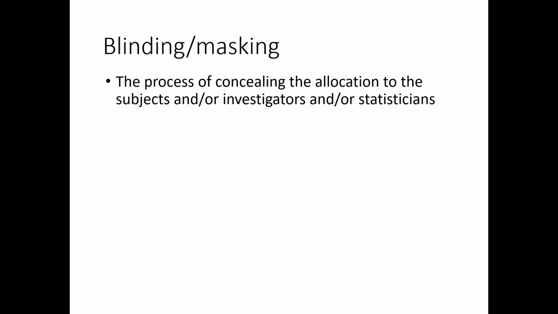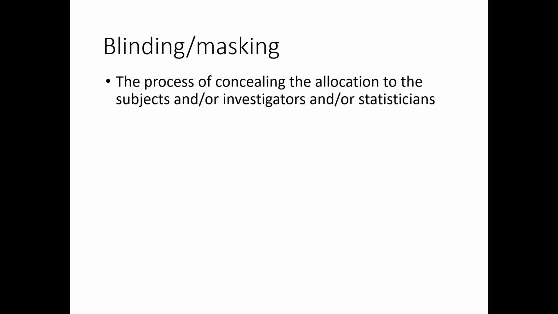For drugs, it's generally possible, but you can see how expensive it is, because if you're making a placebo, you have to make a drug that looks the same, in the same packaging, but doesn't have the active ingredient. For other types of intervention you can't be blinded, and that's okay, but you need to explain why you're not blinding.